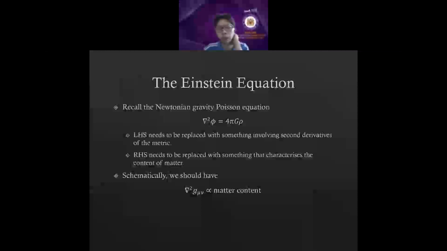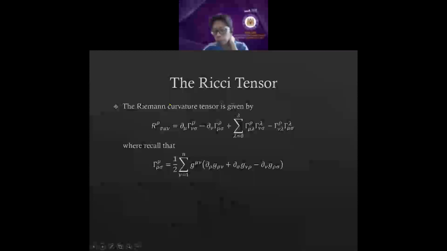This is what it looks like. It has four indices, which means that for a four-dimensional spacetime, it is going to be a 4 by 4 by 4 by 4 array.